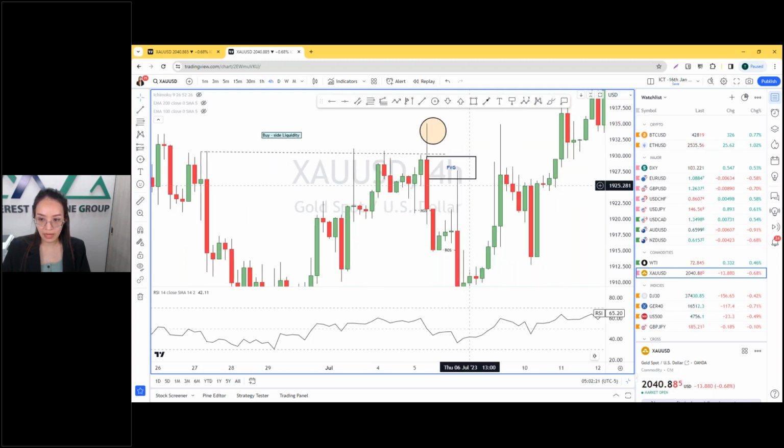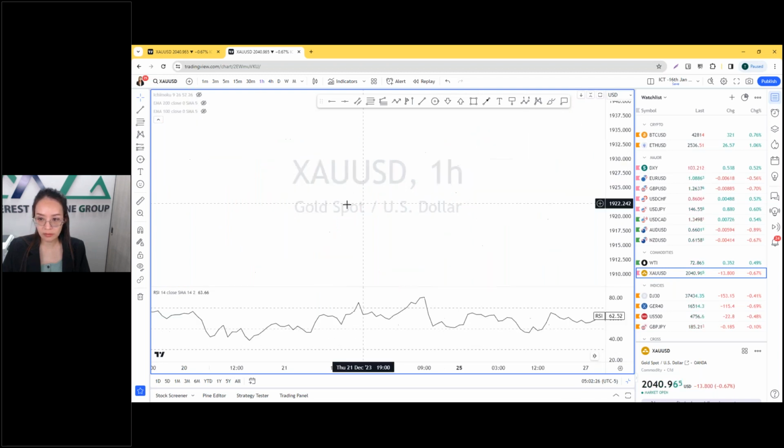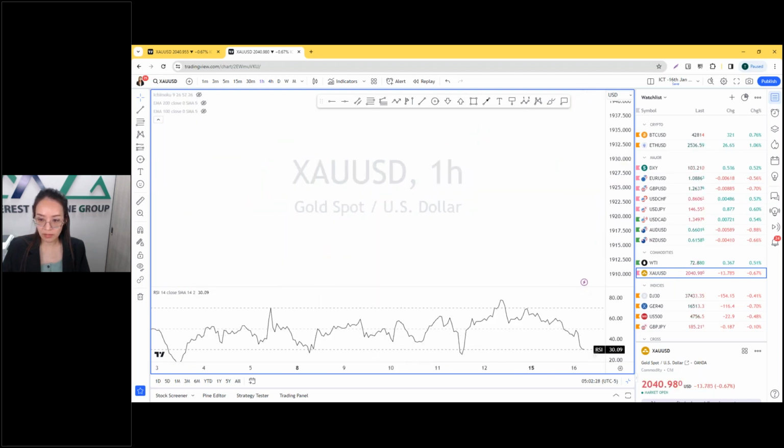And now from over here you can zoom down. I took H1, okay, you find the fair value gap over here.